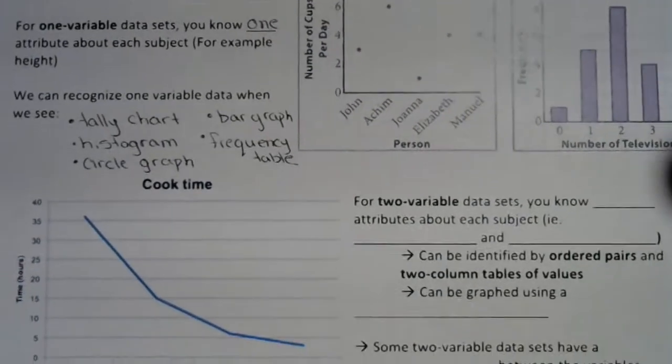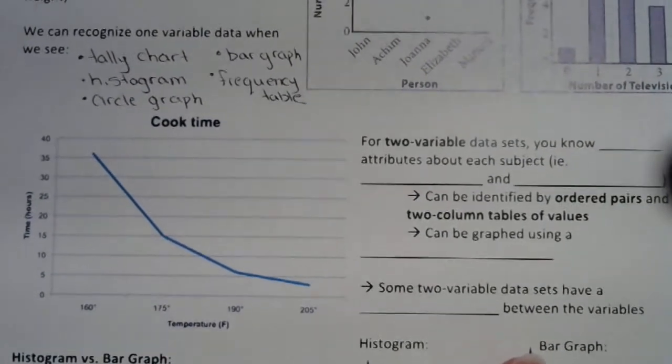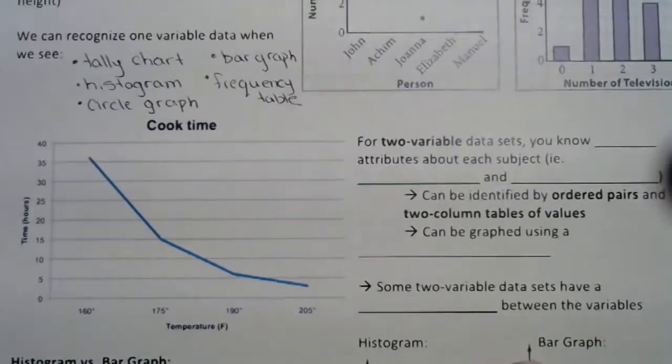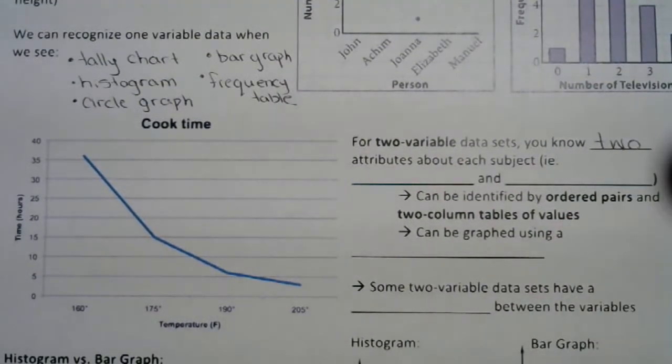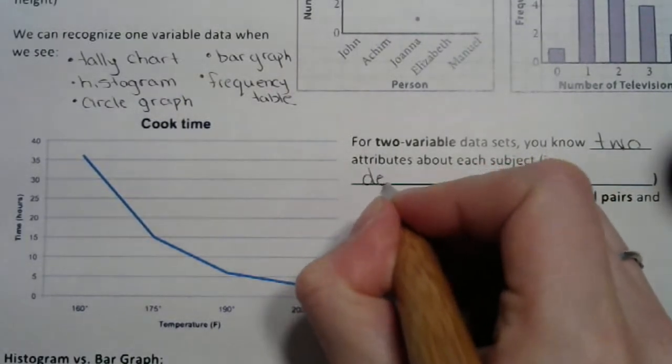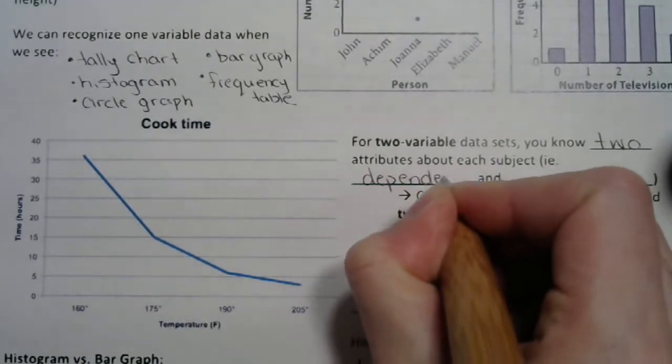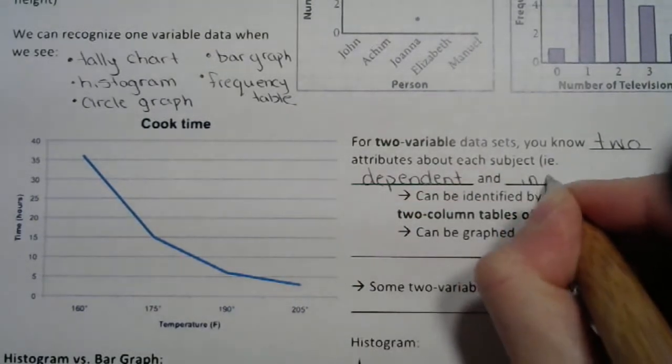For 2 variable data, we know 2 attributes about each subject, and one of these is going to be called dependent, and these are words we've used before, dependent and independent.